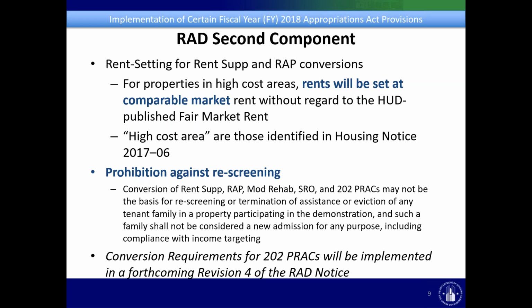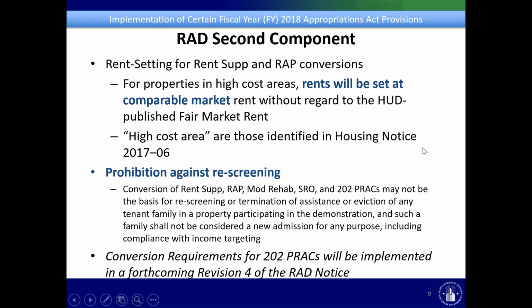The FY18 Appropriations Act authorized the conversion of Section 202 PRACs under RAD. That's going to take a bit more work for us to develop, and we expect to implement that through a forthcoming revision 4 of the RAD notice. But the two other changes that the statute made, we did incorporate in this Federal Register notice.